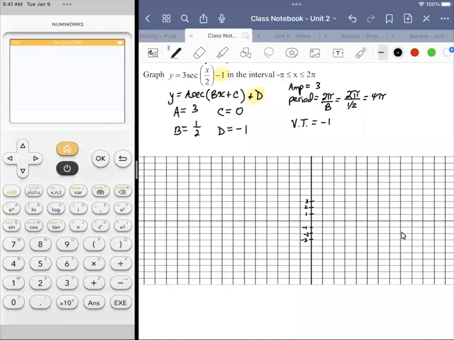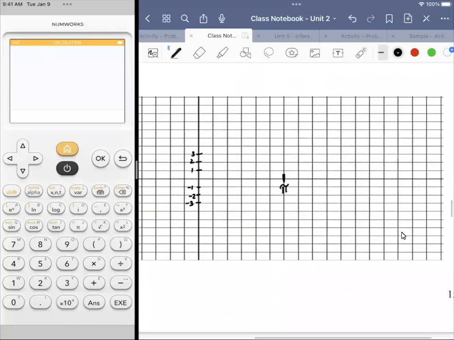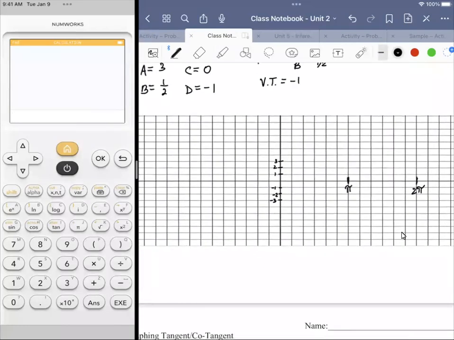Here, it doesn't really make a difference. All right, so I'm going to let 6 units equal pi. Remember, you could do any even number of increments. So pi, 2 pi, 1, 2, 3, 4, 5, 6, and -pi over here.